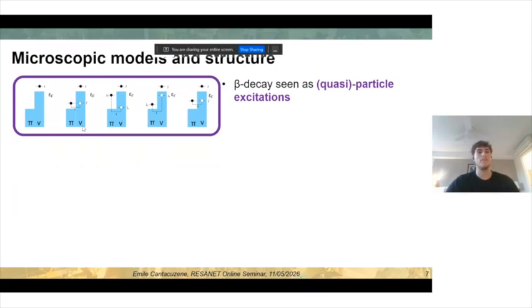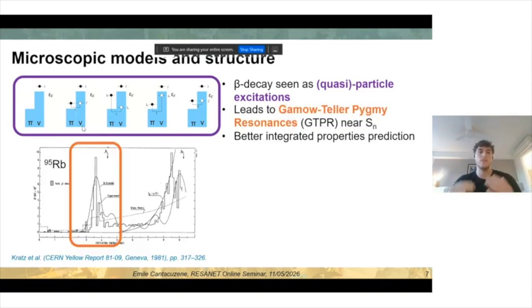And because of spin parity rules of beta decay, you can show there's only like 4 different types of quasi-particle excitations. And because you're in a quantum mechanics system, all these excitations can mix between each other, and you can show that this leads to the construction of resonances in the beta strength function just around the neutron separation energy, which we call Gamow-Teller pygmy resonances.